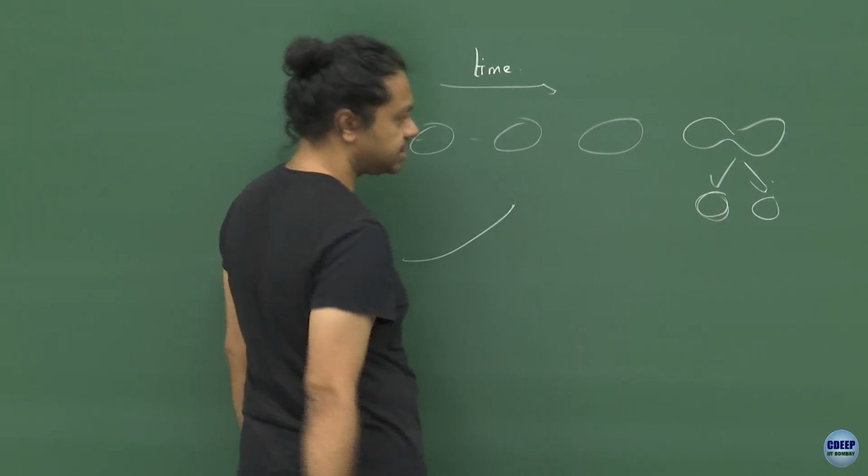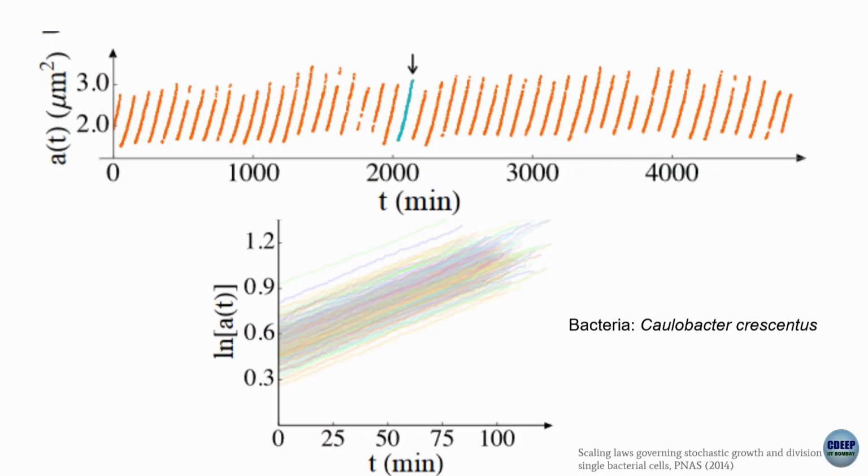Then the cell divides. You start with some starting area. Of course, you don't start with 0, but you start at some small area, and then you grow, grow, grow. At some point, you again divide, and again the daughter cell starts. So these are experimental traces of the area versus time of multiple cells and multiple generations.